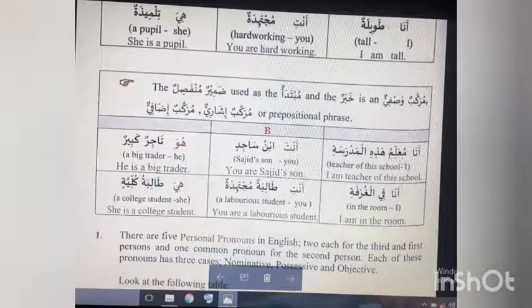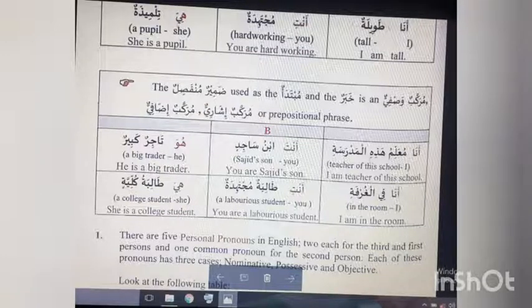أنا معلم هذه المدرسة. أنا here is ضمير منفصل, it is a detached pronoun. معلم is مضاف. هذه المدرسة is مضاف إليه. معلم هذه المدرسة is مضاف and مضاف إليه. Both become the predicate, خبر of أنا. So the خبر here is what?